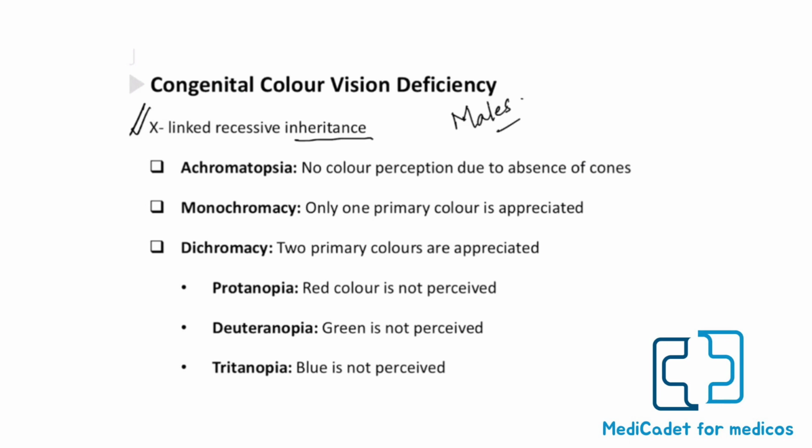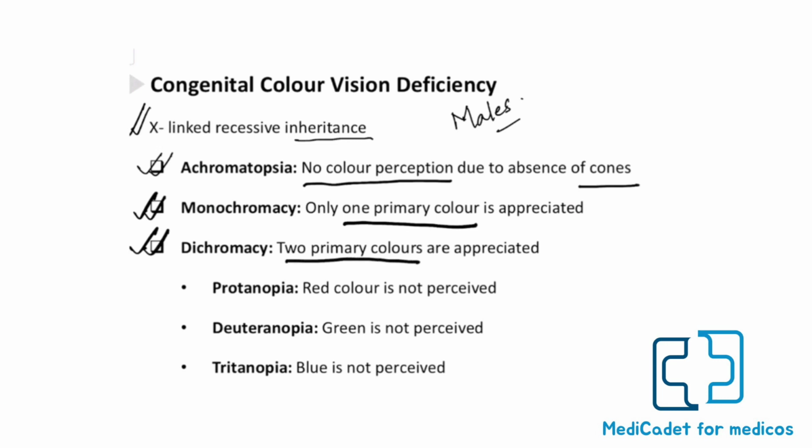What are the different types? There is achromatopsia, meaning that there is no color perception because the cones are completely absent. Then you have monochromacy, meaning there is appreciation of only one primary color. Then dichromacy. Dichromacy means that two primary colors are appreciated and the third one is not.